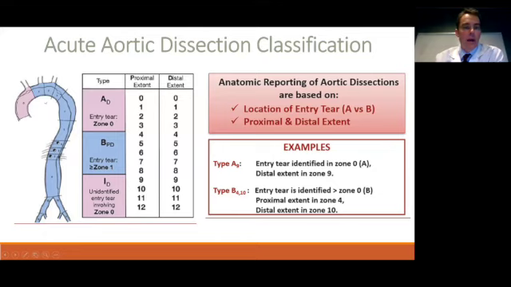What we are evaluating now is the extent of the dissection, where the tear starts. Sometimes the dissection can propagate proximally, sometimes distally, sometimes both. So proper dissection classification now, according to the major professional societies, would be something along the lines of a type B4, not necessarily just a type B or a type 3 that we used before.